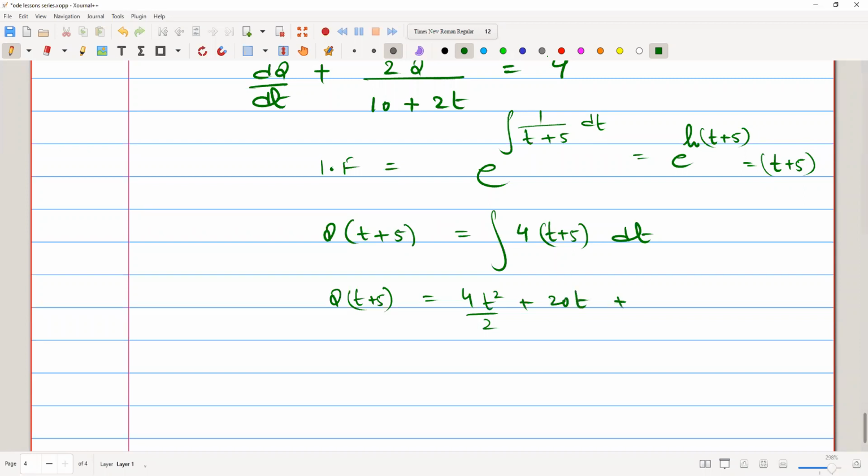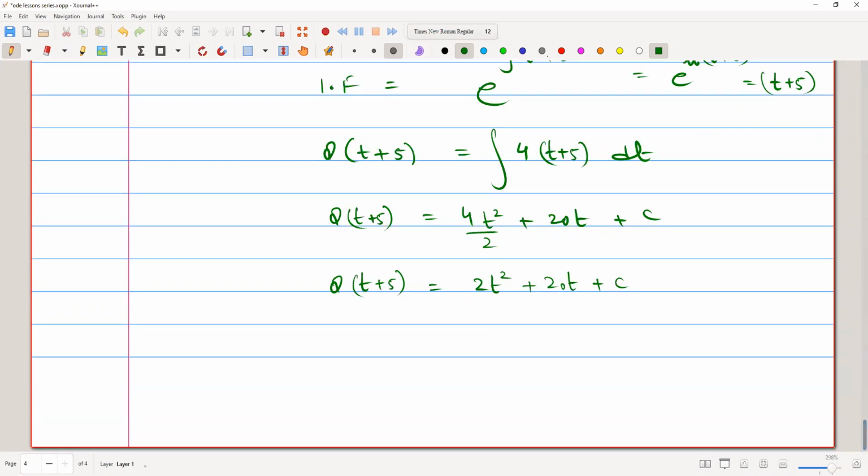20t plus C. So Q times (t plus 5) equals 2t squared plus 20t plus C, and Q equals (2t squared plus 20t plus C) divided by (t plus 5).